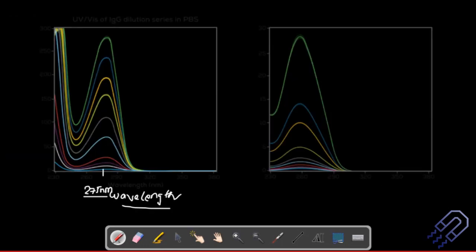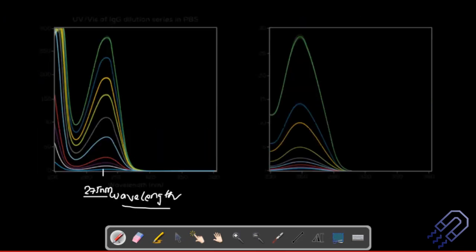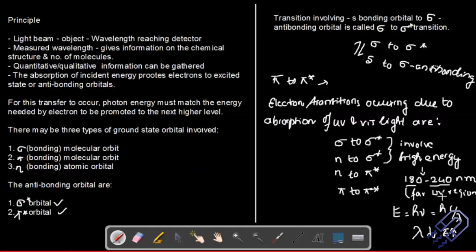The standard UV range that we talked about yesterday is 300 to 400 nanometers. If you go beyond that, some instruments do have this range, and you will see that this involves high energy. You are going to have these two transitions prominently, with greater energy for the transfer of the electron from the sigma to the sigma star orbital.